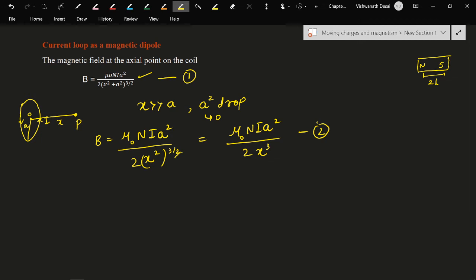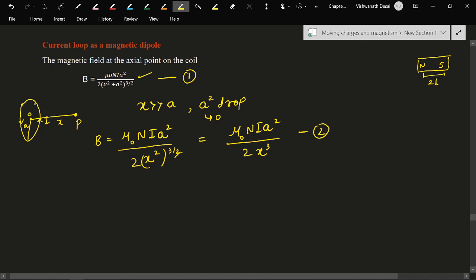Note that the area of this loop, which is a circular loop, is A equals pi a square, where a is the radius. Now I want to solve for a square, so a square is equal to A divided by pi. I am going to substitute this a square value in equation 2.